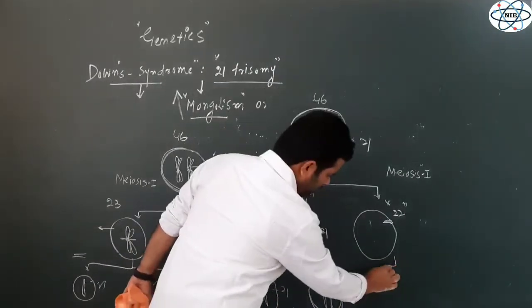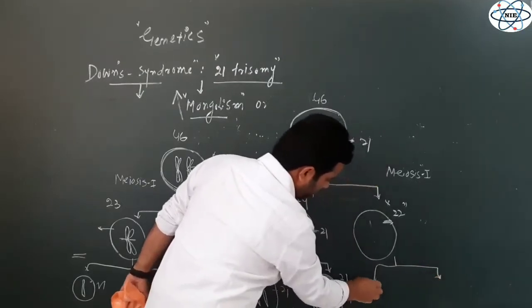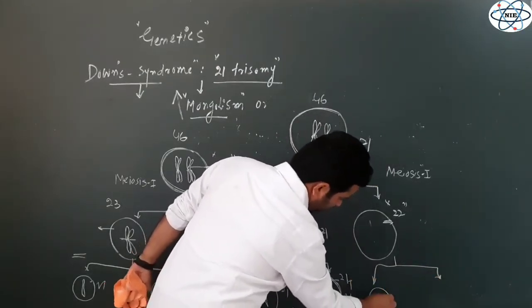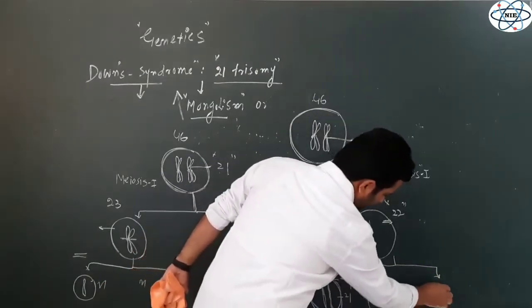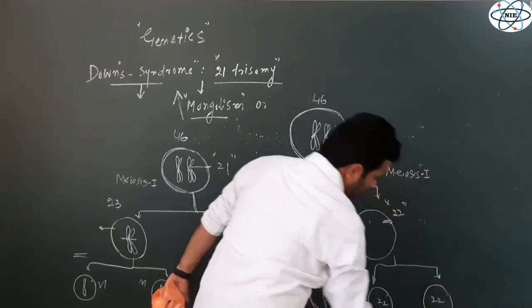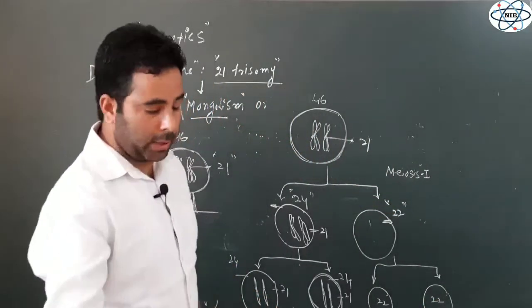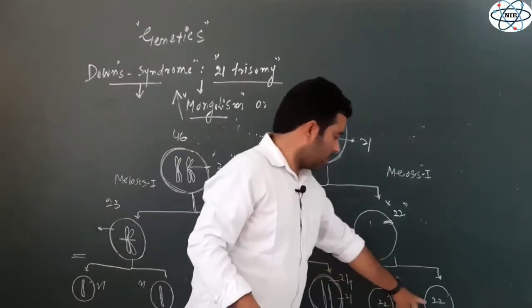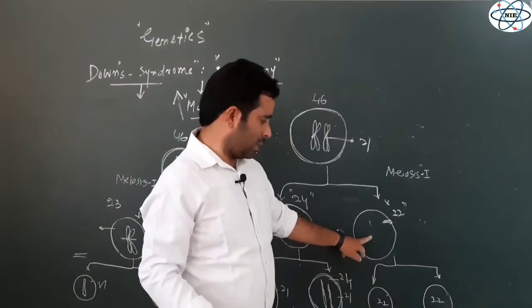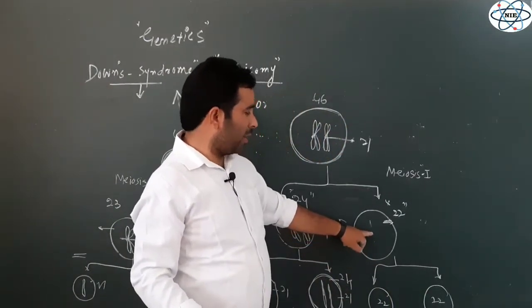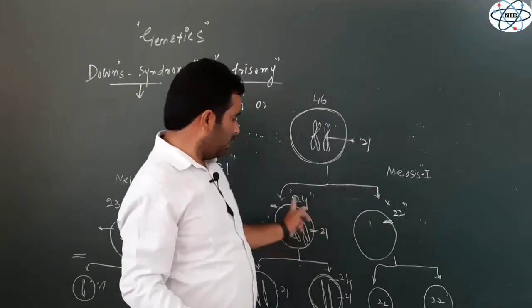While for this cell, again there will be no change in the chromosome number, so there will be 22 chromosomes here, and 22 chromosomes here. These two daughter cells developed from the cell which had already lost its 21 in meiosis first.